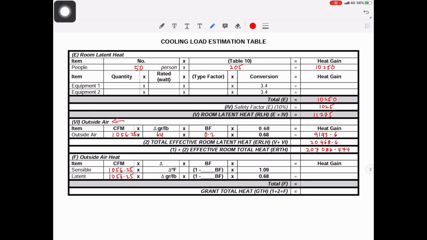The difference for the sensible will be the difference for the temperature, which is 17 degrees Fahrenheit, and for the latent will be the difference for the specific humidity given by 64 grain per pound, and the bypass factor will be the same bypass factor that has been chosen previously, 0.2. For this analysis, we are going to minus 1 with the bypass factor, and we are going to multiply with the conversion for sensible and latent respectively. We can now obtain the total for the section F.